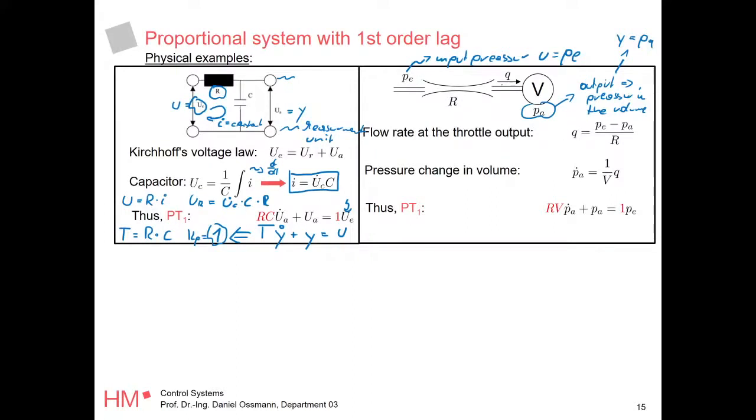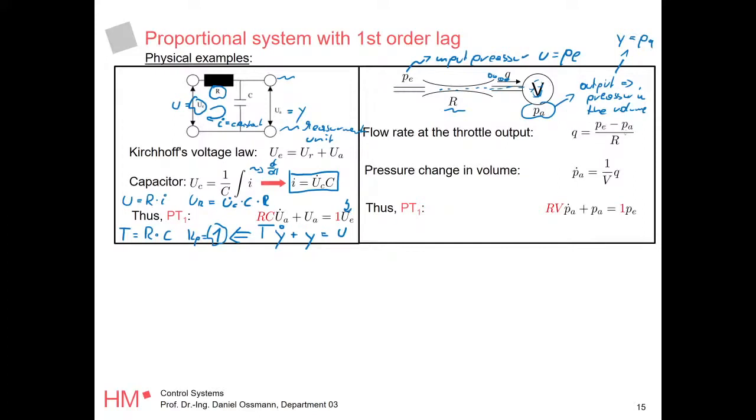So our flow rate, how many molecules are moving in here, depends on the resistance and on the pressure difference. If P_E, our input pressure, is larger than the pressure in our volume, the molecules are going to move in here. If we increase the resistance, they're going to move slower. So that's the flow rate interpretation.